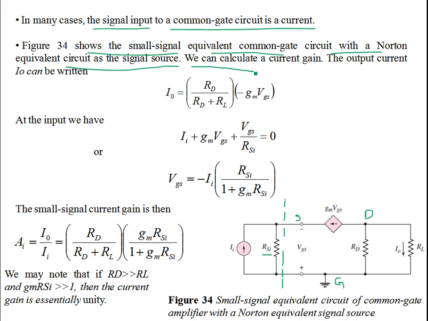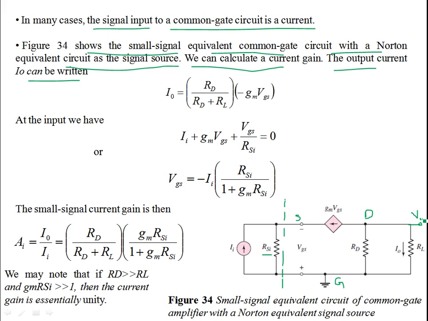Now we can calculate the current gain. The output current I naught can be written as, now I naught is the current in the load branch. So just at the drain we were taking V naught, if you recall.